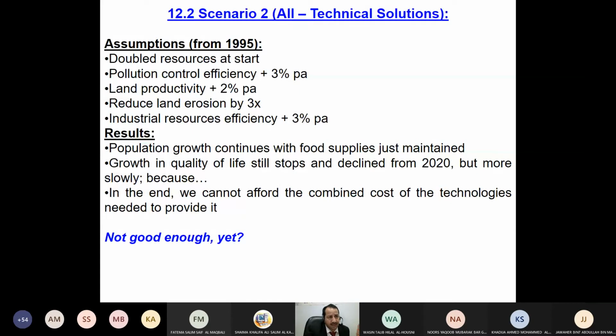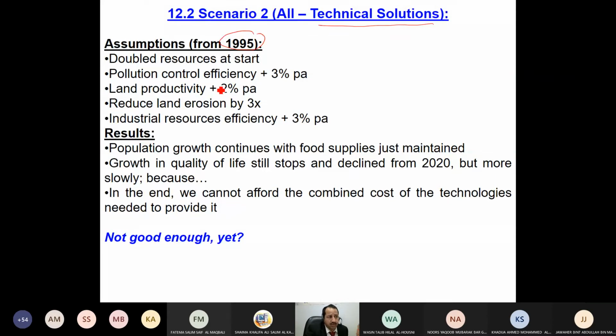The second scenario is technical solution. Some people think that we can solve any problem technically by using knowledge. To see this, let me show you the assumptions and the results. If we assume that from 1995 we double the resources used at the start, well, this is not a good option.